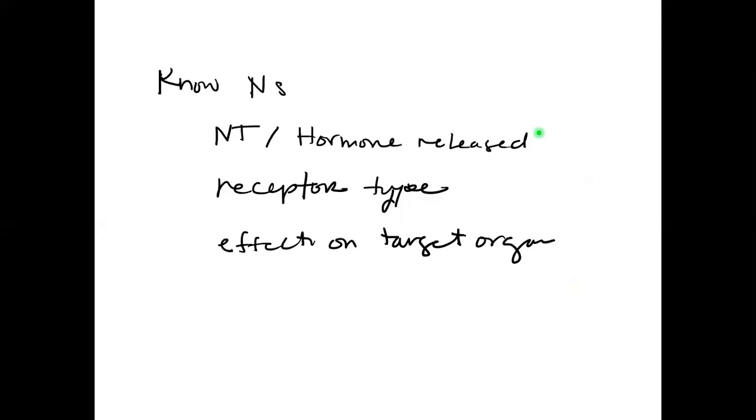The receptor types that are found on those organs. So is it a nicotinic cholinergic receptor? Is it a muscarinic cholinergic receptor? Or is it an adrenergic receptor? And then what is the effect on the target organ? So again, we're just dealing with heart and gastrointestinal tract first.